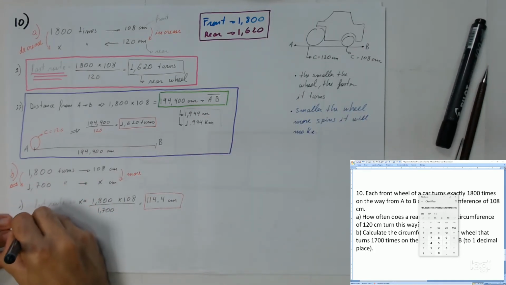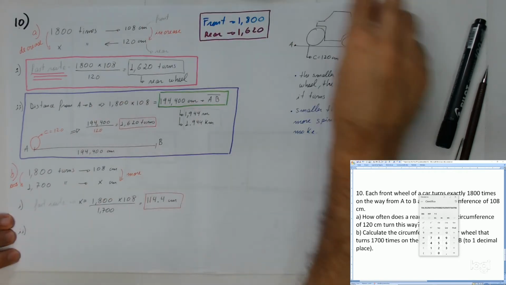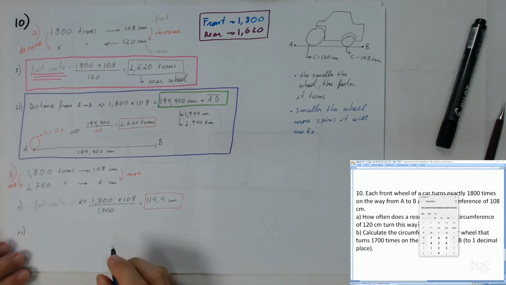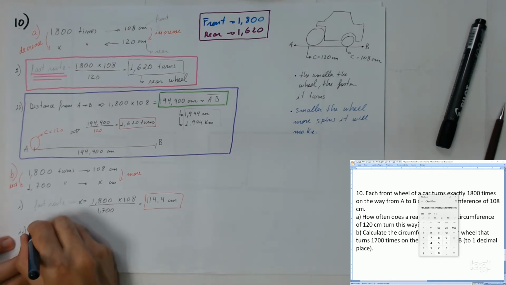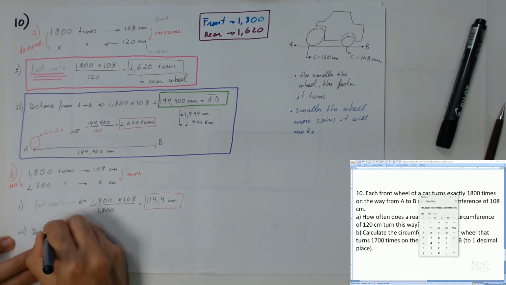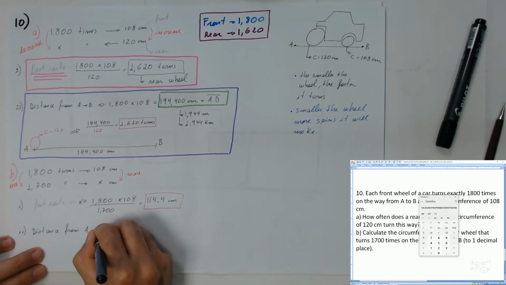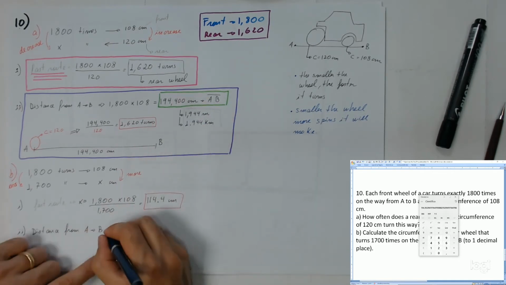And how would you work if you work with the normal route? Okay, the normal route, again, you would have to find the distance from A to B. We already did this, I'm not going to do it again.